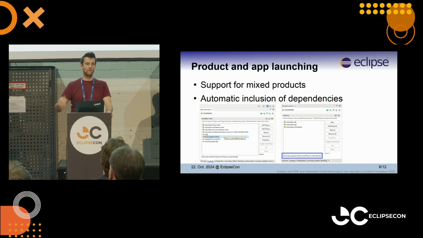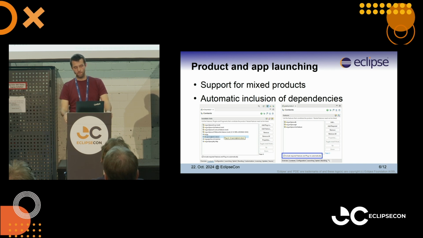Your features had to be self-contained and contain the requirements, which on one side led to duplicated definitions of dependencies, because you repeated the dependencies that were written in the manifest again in the feature file.